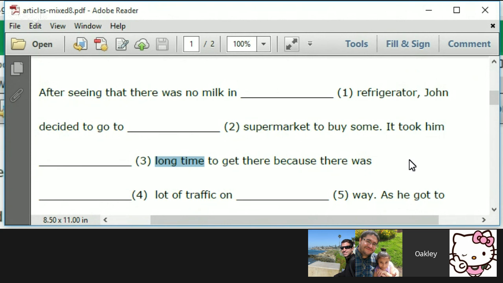Not specific. Again, a is the indefinite. Indefinite means it's not defined. A long time. How long is a long time for you, Vitor?